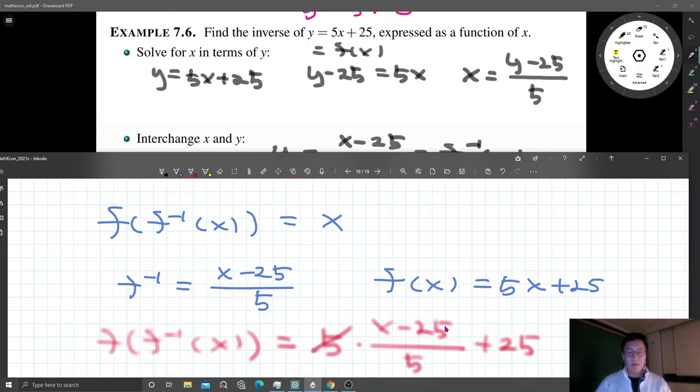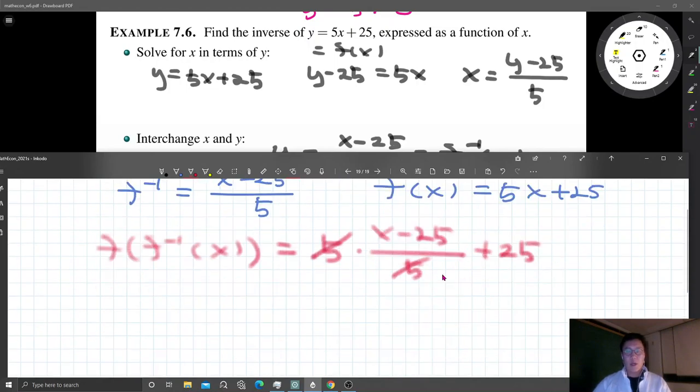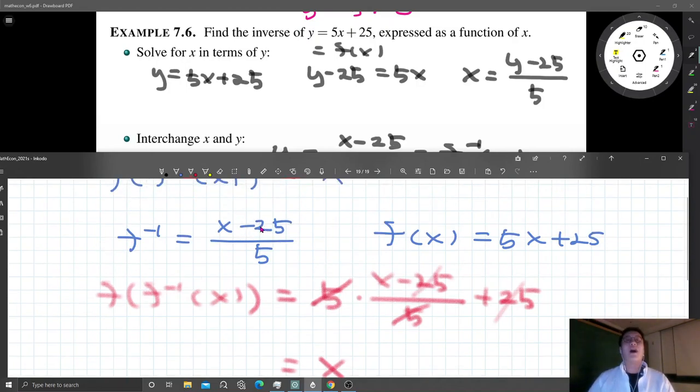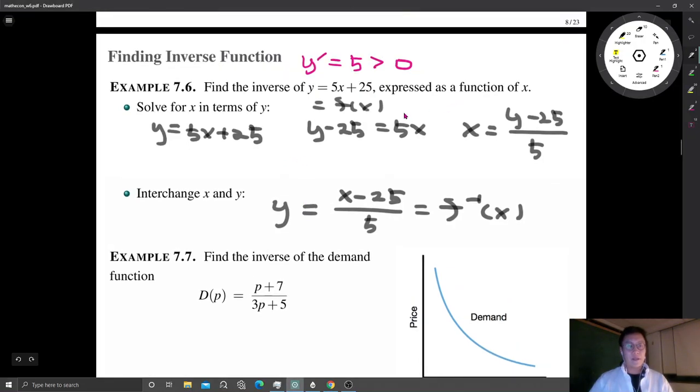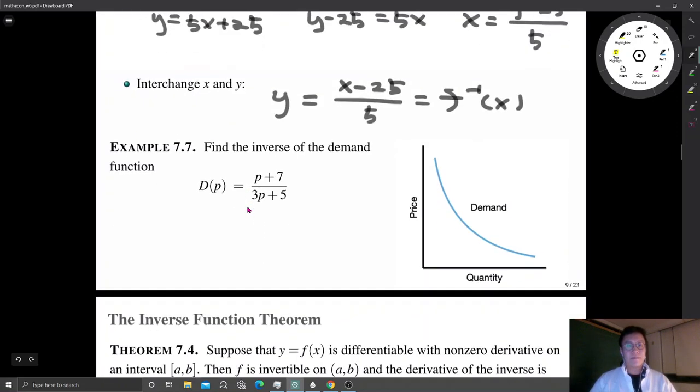So the 5 will be cancelled, and the negative 25 is also cancelled. And we are just left with x, the identity function. That verifies this is indeed the inverse function of 5x plus 25. Okay? So the way to find the inverse is we first solve for x, and then interchange x and y.